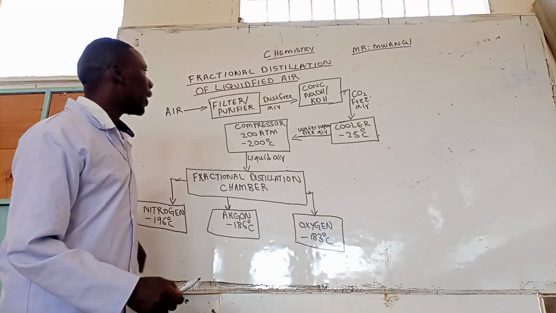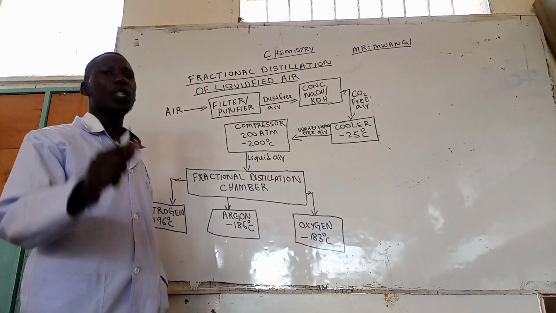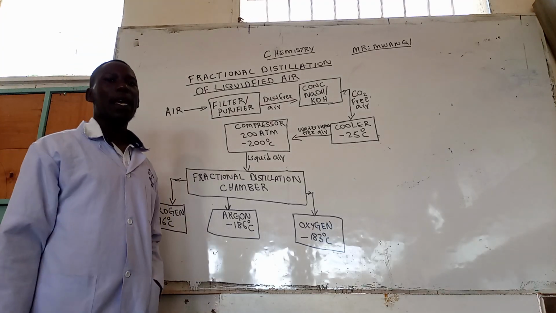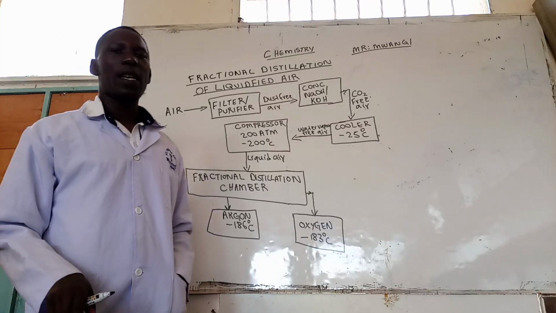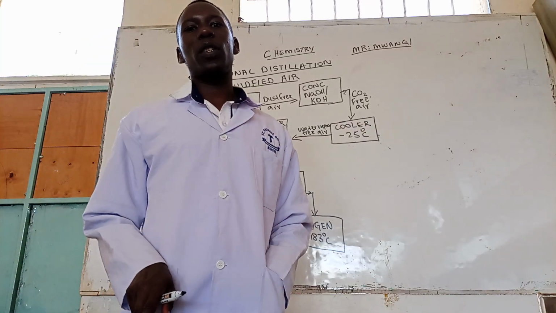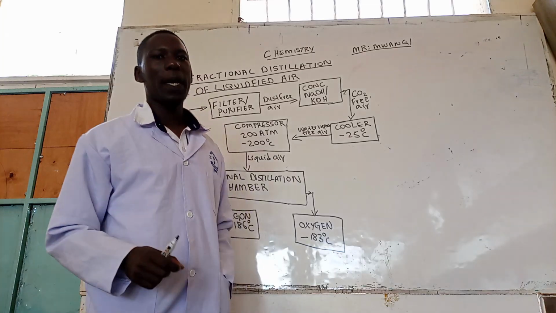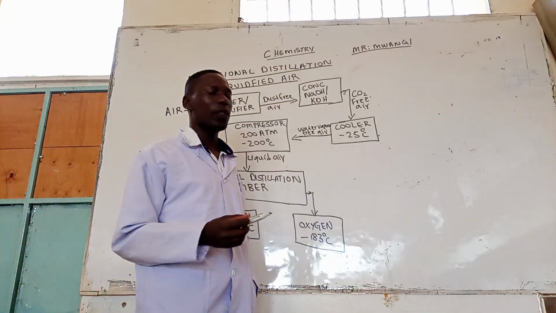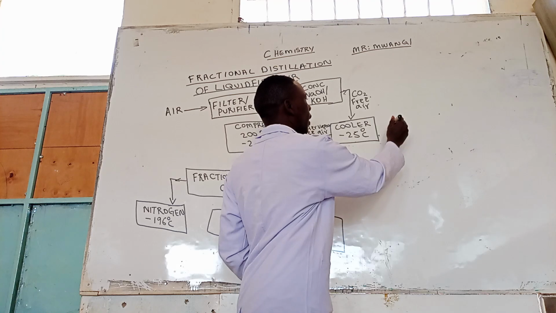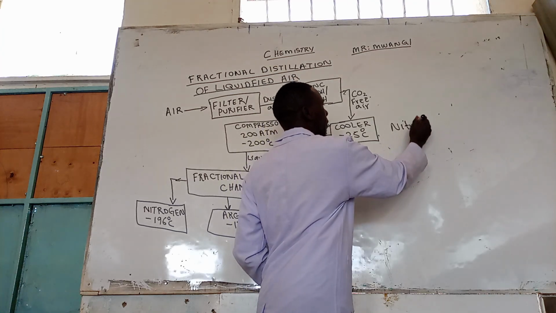Francis, and today we will learn about fractional distillation. This process is carried out to separate the various components of air. We have very many components of air, which include nitrogen gas.